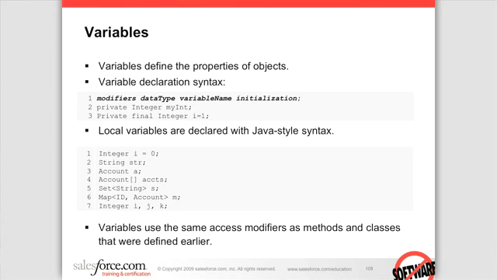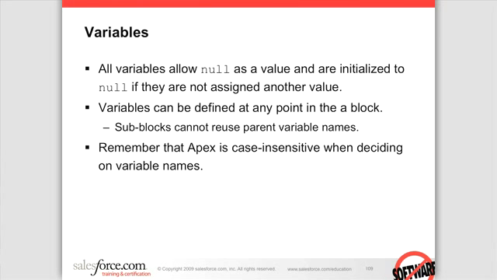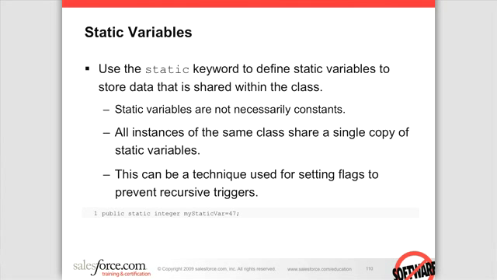All right, variables. We kind of already saw this, but very quickly: we have our modifiers, the data type, the name of the variable, and then we can alternatively initialize it. Variables can be set equal to null, and they are initialized as null. Static variables, we already talked about static.